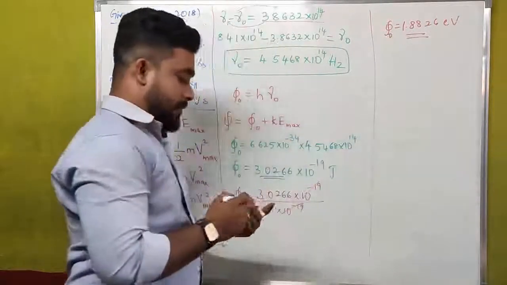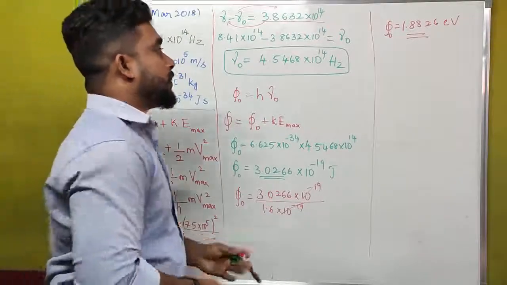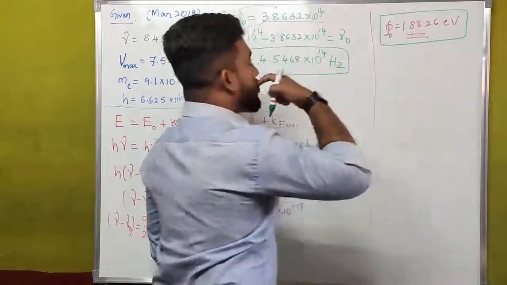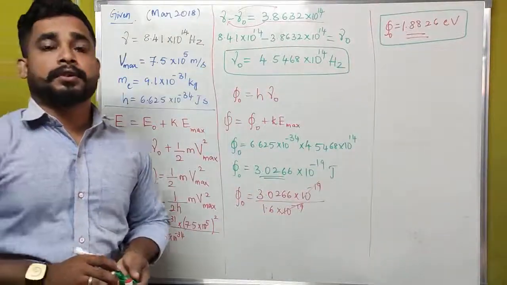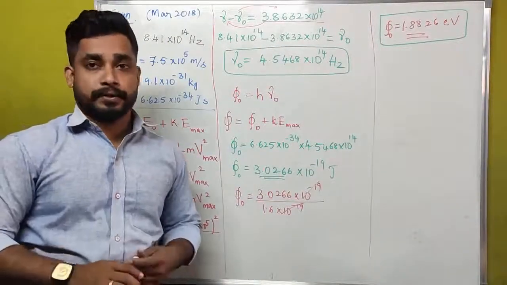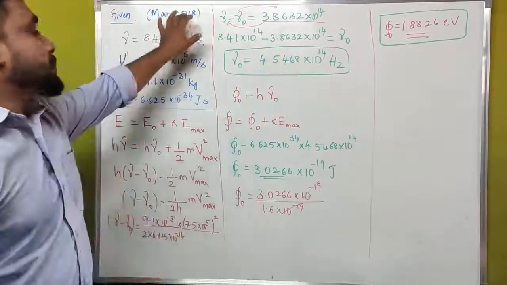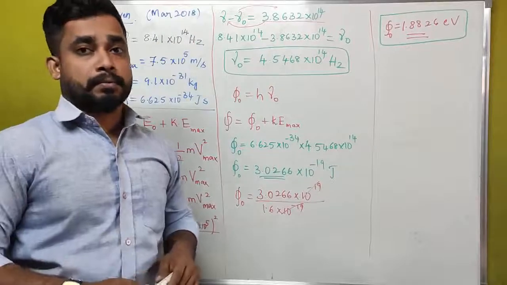Actually, this is the answer. 1.8826 electron volt is the work function of the metal surface. This is how we have calculated our March 2018 question paper problem.